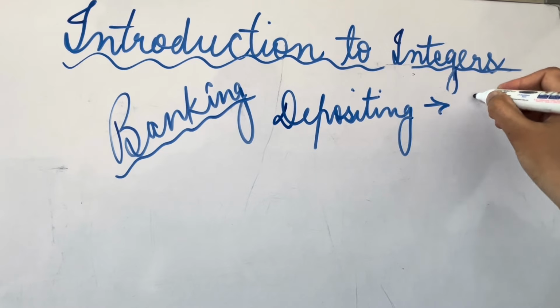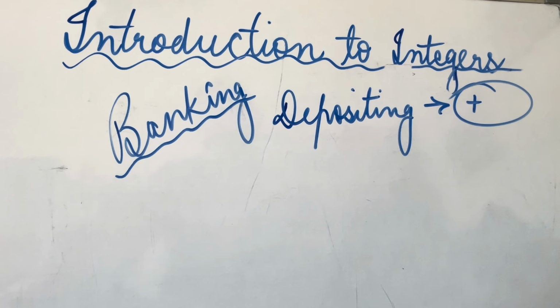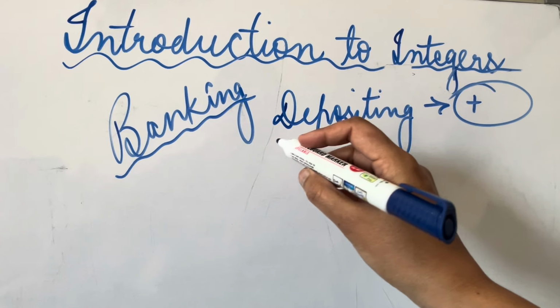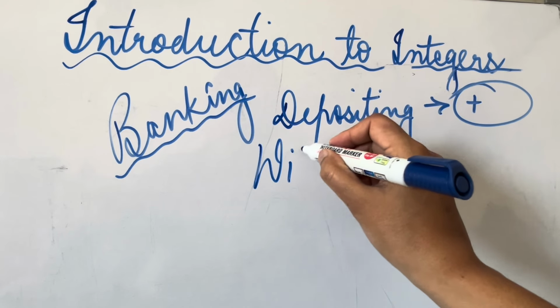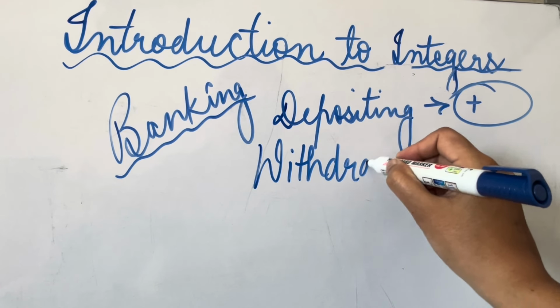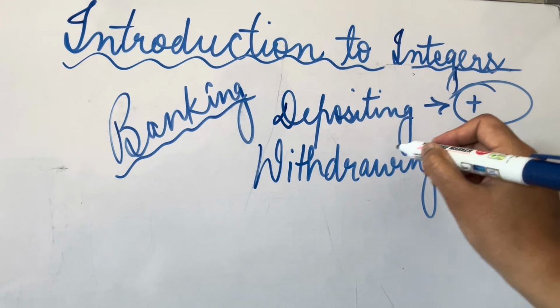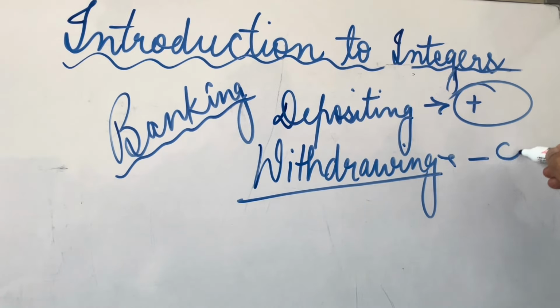It will be taken as positive numbers, positive integers. Then if you are withdrawing something, withdraw means nikalwana, it will be taken as a negative number.